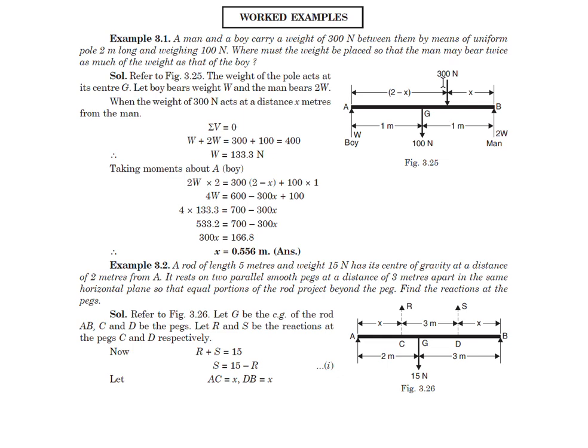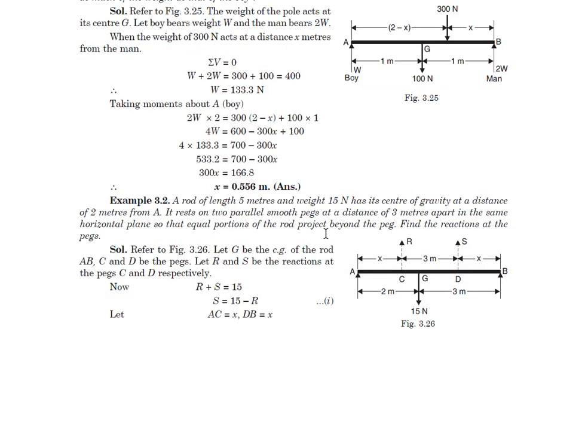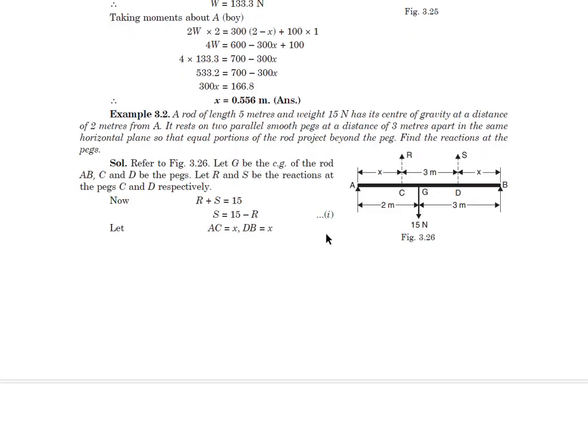For 300 Newton it will be 300 into (2 minus x) acting clockwise, and for this 2W force exerted by the man, it will be 2W into 2 acting anti-clockwise. So equating these, we can find out the value of x, which is given over here to be 0.556 meter. That's all for this problem.